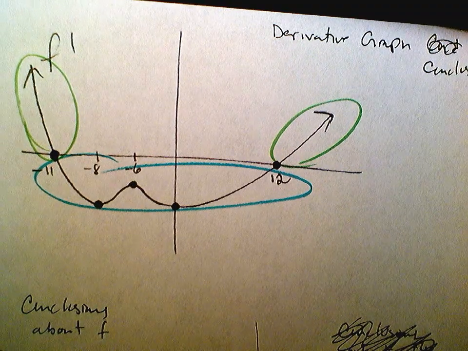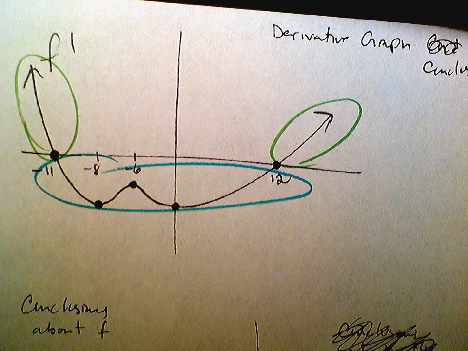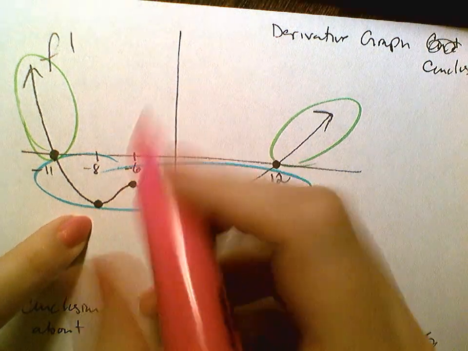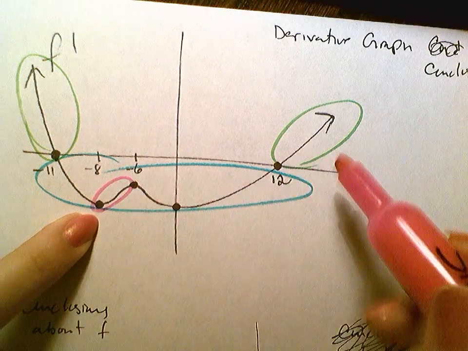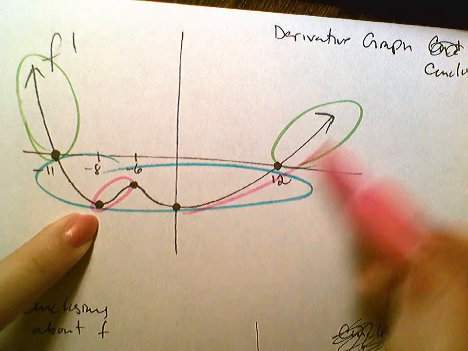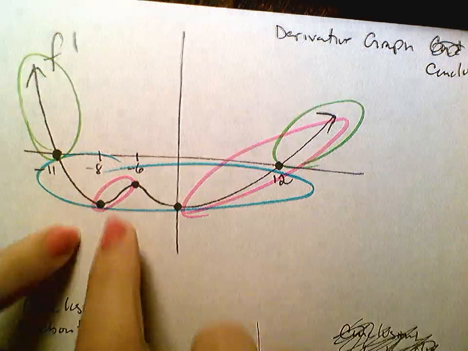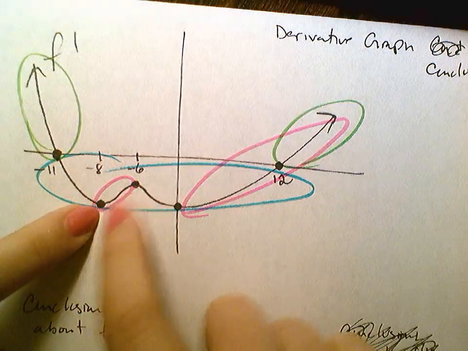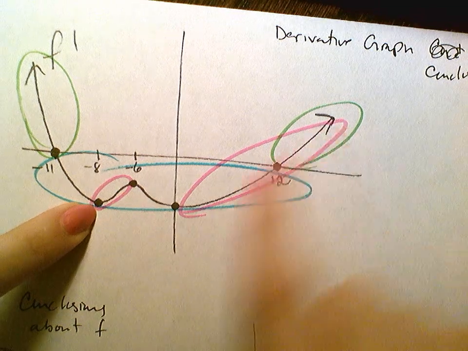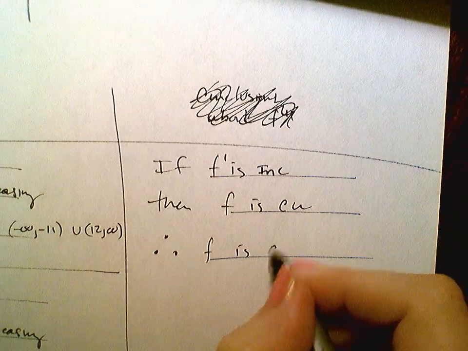F prime is increasing here and there. So f prime is increasing on this interval, and it's increasing on this interval. And if f prime is increasing, then f is concave up.